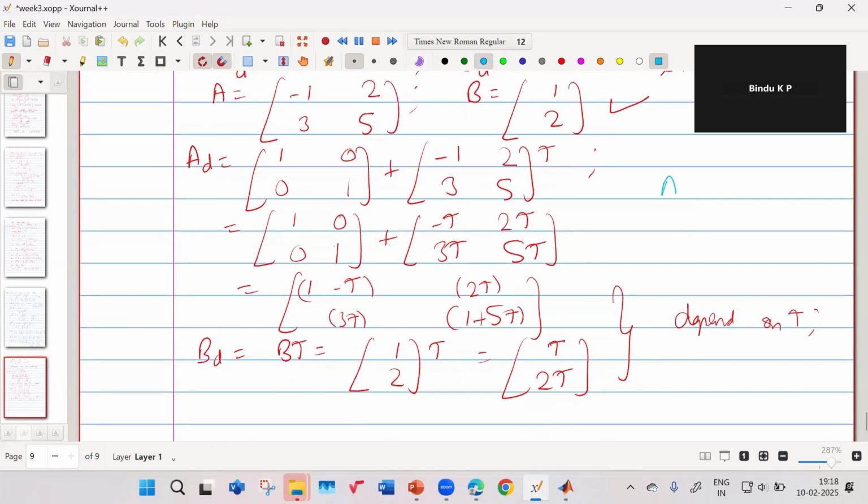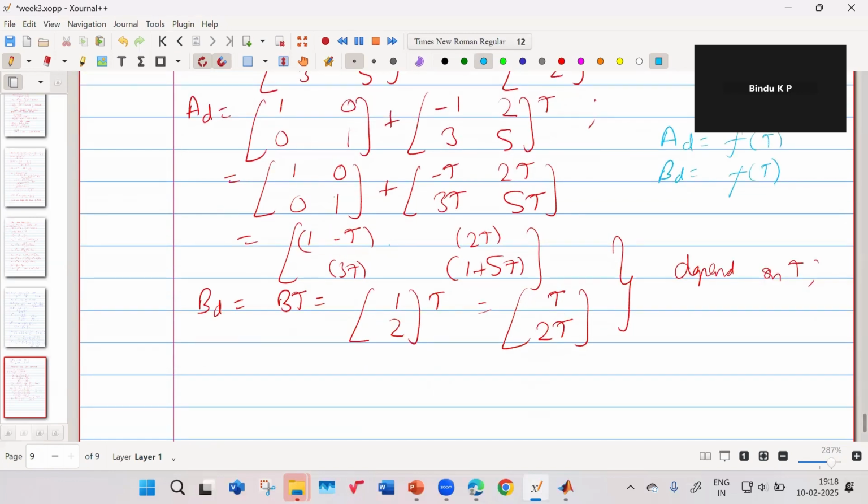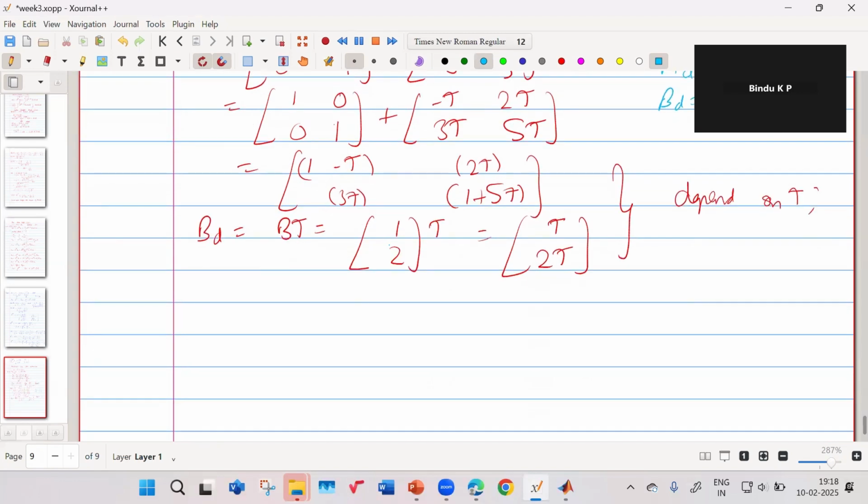So A_D is a function of T, and B_D also is a function of T. If we want to be accurate when we use this Euler's approximation, accuracy is possible only if T is small. If T is large, that is, the time period is large, then it is very difficult for us to get accuracy, right?